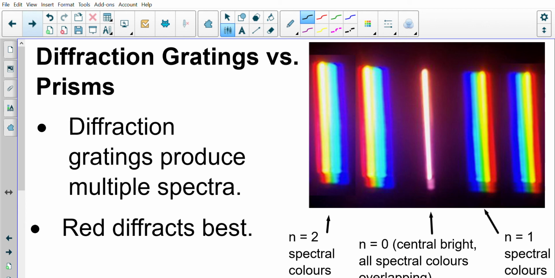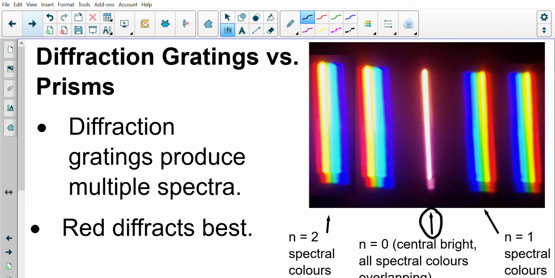Okay, don't forget that diffraction gratings and prisms change the order of the colors, and they also sort of behave a little bit differently. So diffraction gratings produce multiple spectra. So here, in the middle of this diagram where this arrow is pointing to, we see our hot gas. And so at that location, we're seeing a whole bunch of colors mush together. So we're not seeing a rainbow, we're seeing something else.